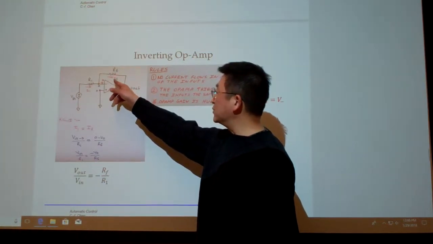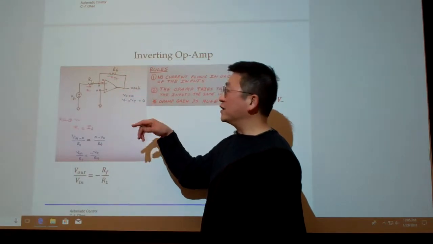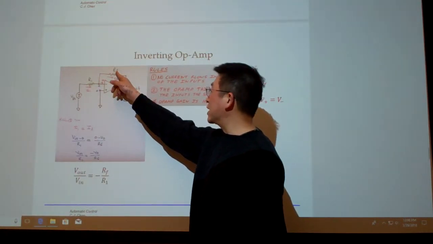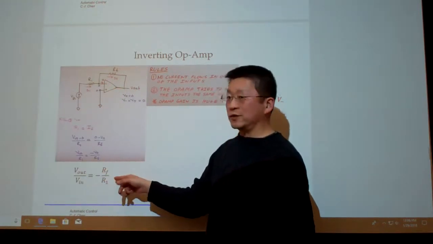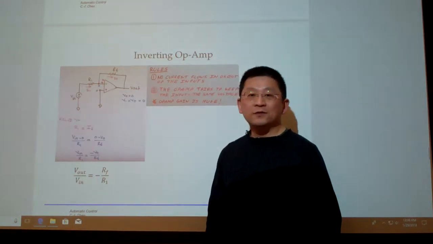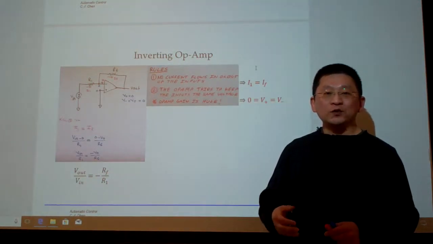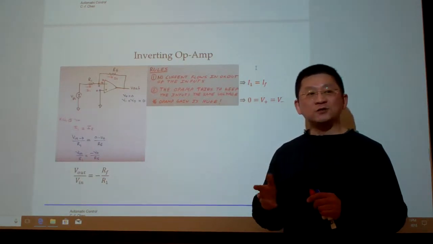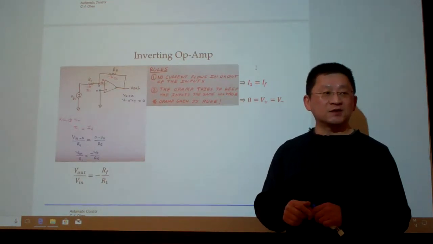Similarly, if you'd like a magnification of 10 times, then RF should be 10 times R1 per this relation. Because there is a negative, if I have a positive input, you should expect the output to be negative.